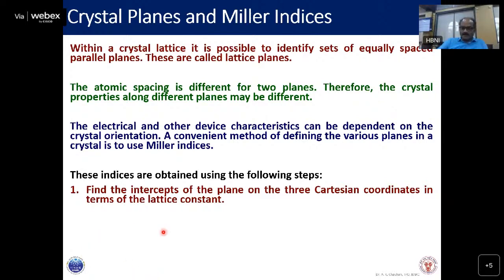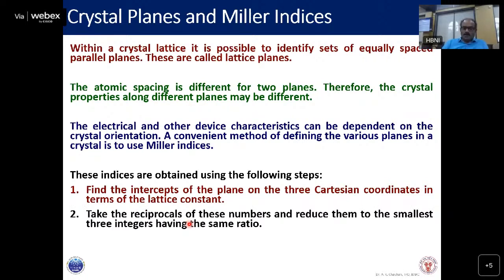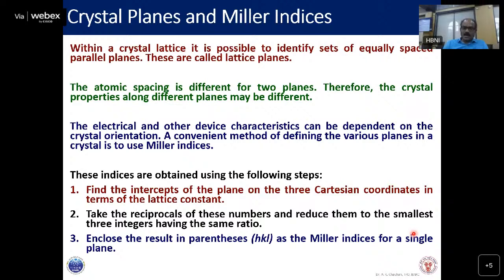We find the intercepts of the plane on the three Cartesian axes in terms of lattice constants. Now take the reciprocal of these numbers and reduce them to the smallest three integers having the same ratio. Then enclose the result in parentheses (hkl), and this is said to be the Miller indices of a single plane.